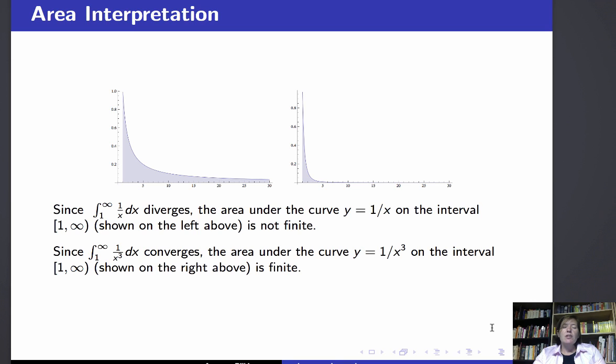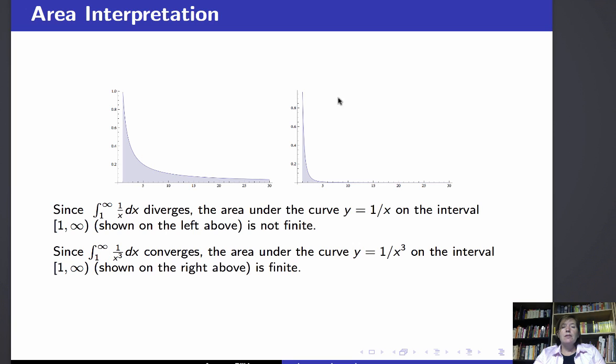We have a geometric interpretation of this infinite integral in this case. Since the integral from 1 to infinity of 1 over x dx diverges, we say the area under the curve y equals 1 over x on the interval from 1 to infinity diverges. It's not finite.